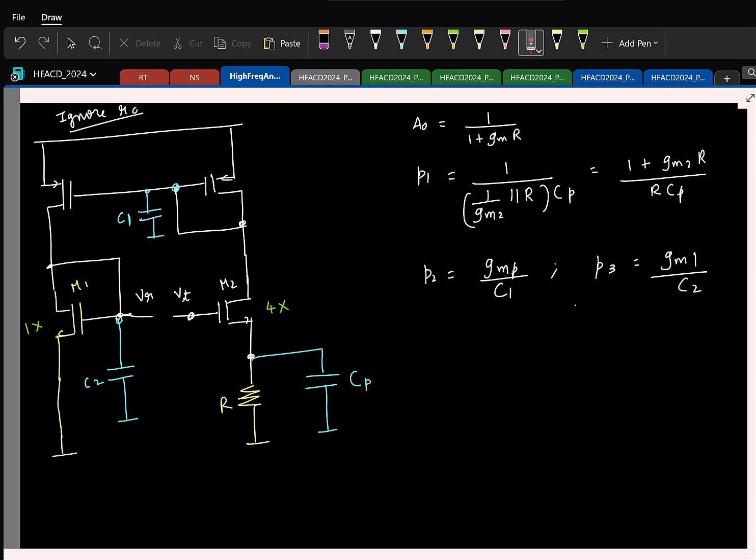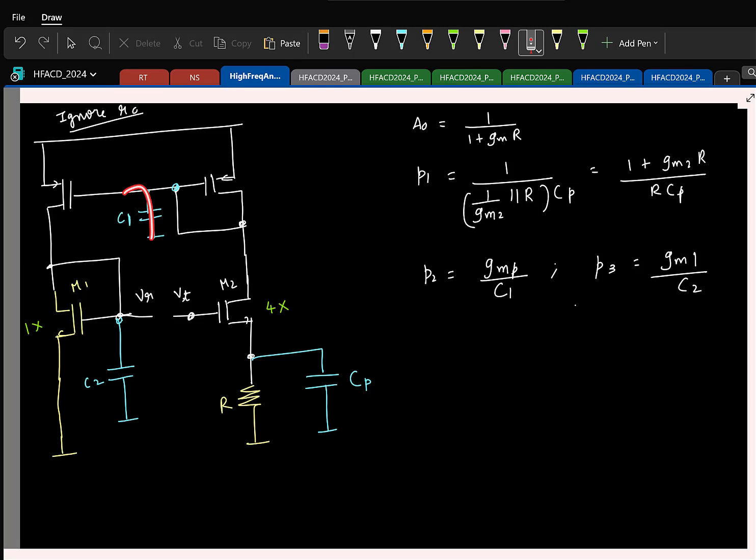Do you think there is a zero here? Let's say I short the output cap. What happens to VR? 0. If I short this guy, what is the input to this transistor? What will be the current here?